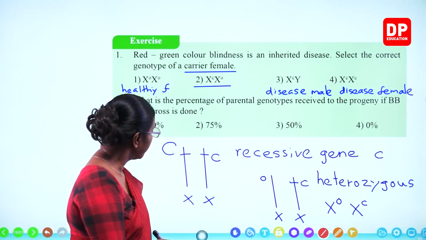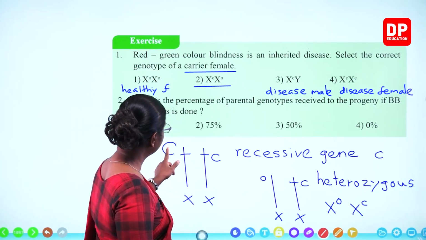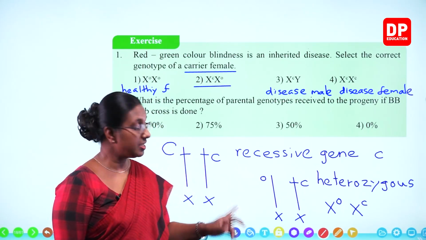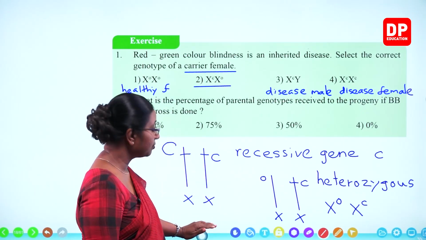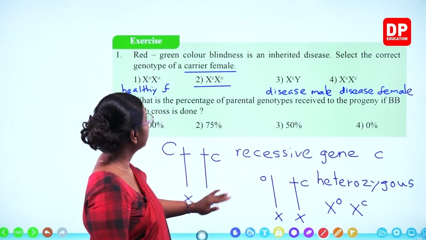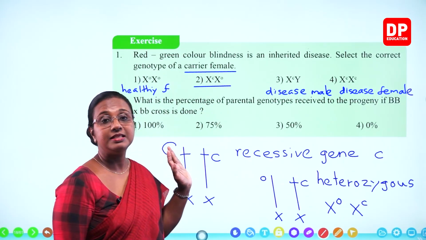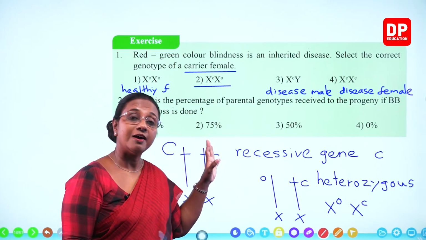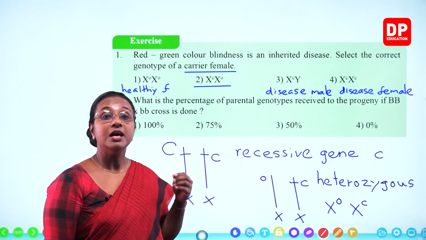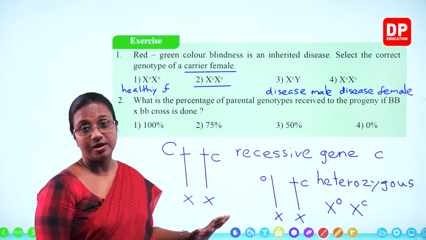Although you are used to this system where we use capital and simple letters for dominant and recessive genes, and we show the chromosomes like this because it's an X-linked gene, if they give the answers in this method also, you have to look at the answer. Since you know the concept, you have to apply that knowledge.